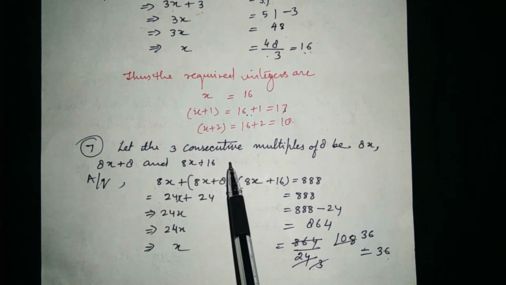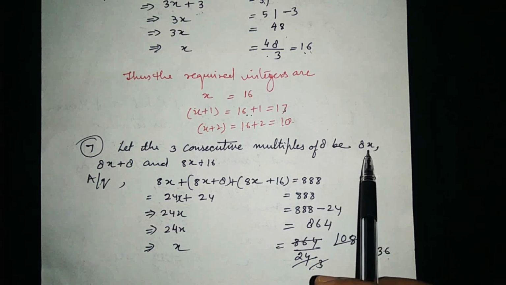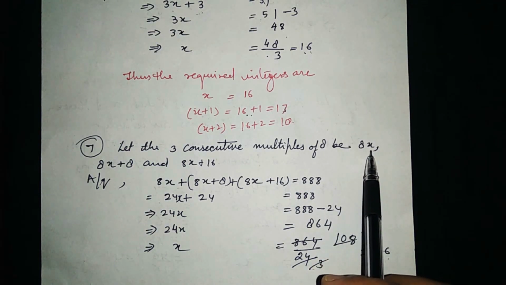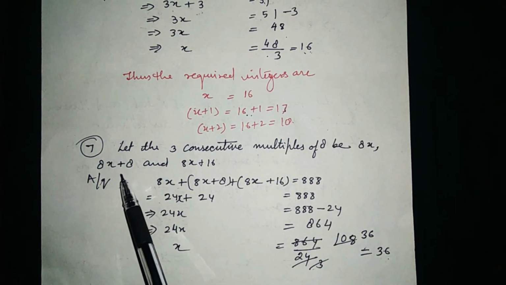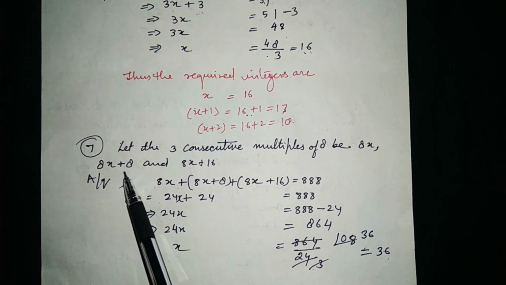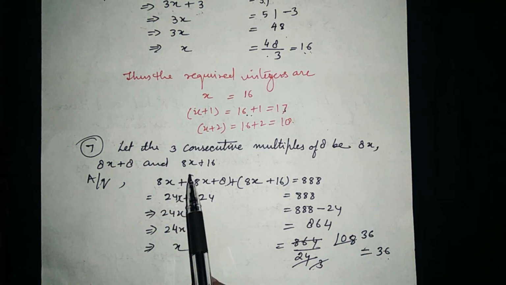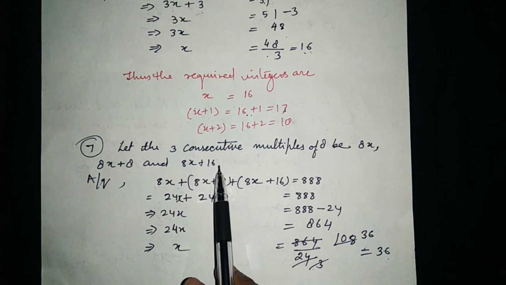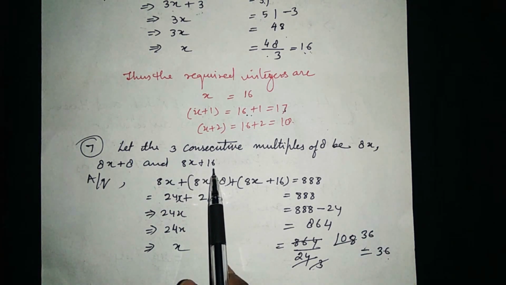Let the 3 consecutive multiples of 8 be 8x. This is the first multiple. For the second multiple, 8x plus 8 we will do. And for the third consecutive multiple, 8x plus 16.